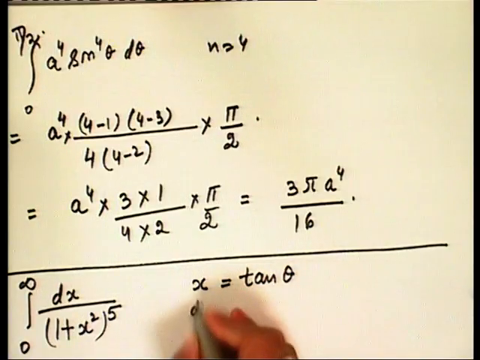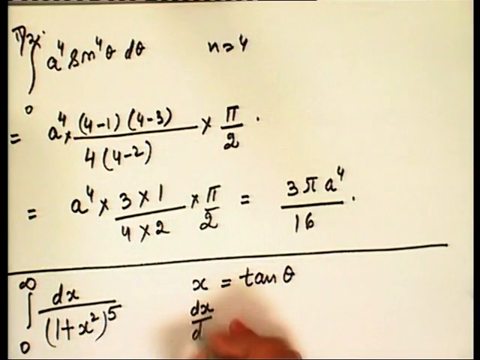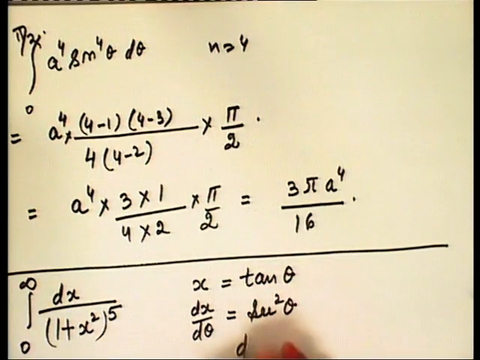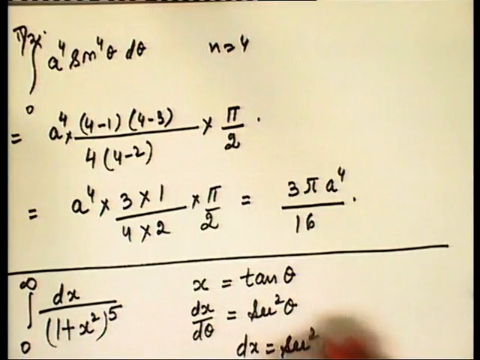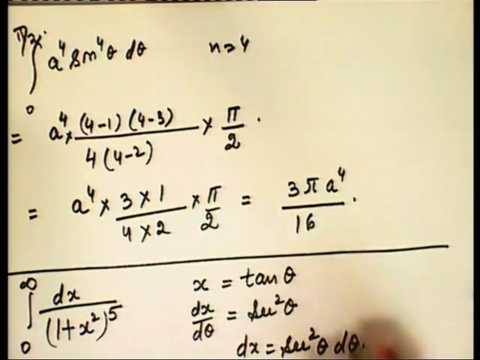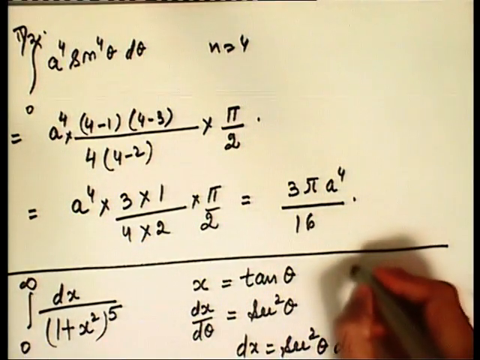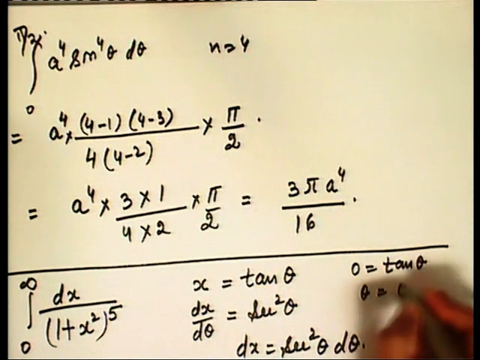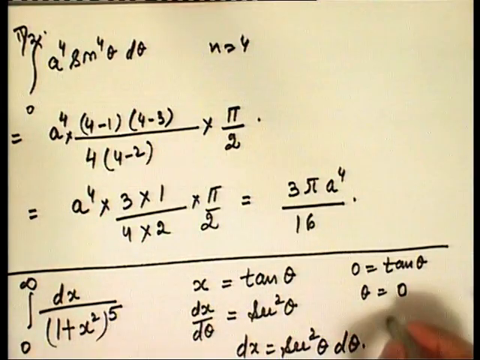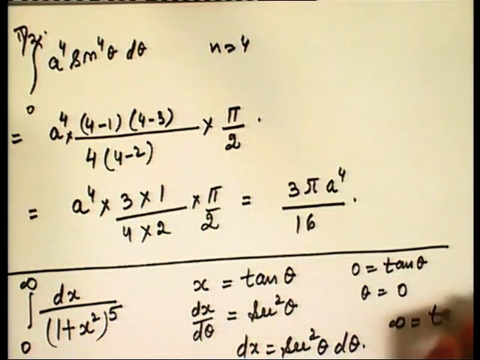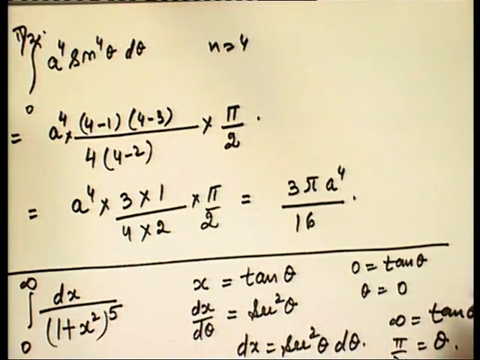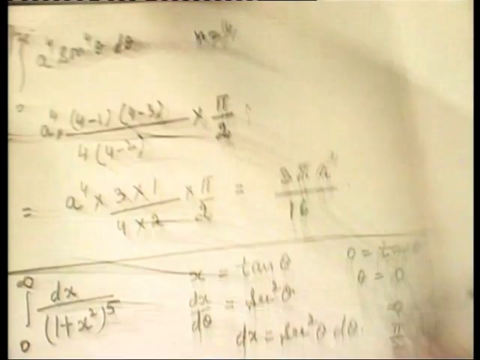Differentiating with respect to theta, dx is equal to secant square theta d theta. Limits: when x is 0, our theta is 0. When x is infinity, then our limit is pi by 2, because we know tan 90 is infinity.